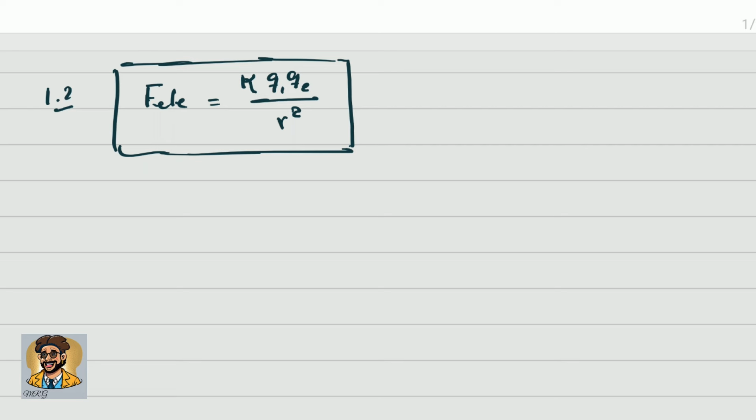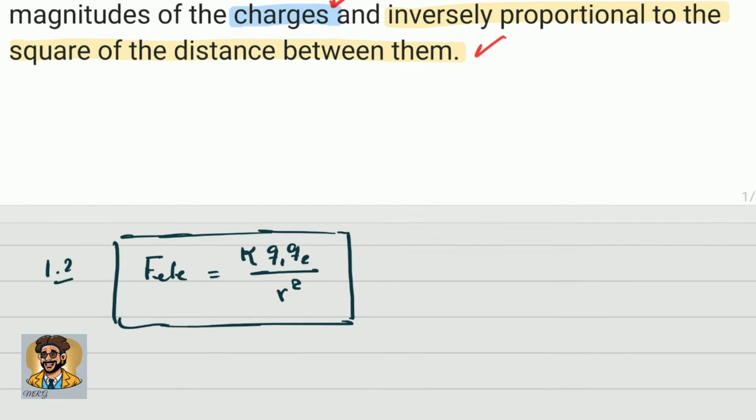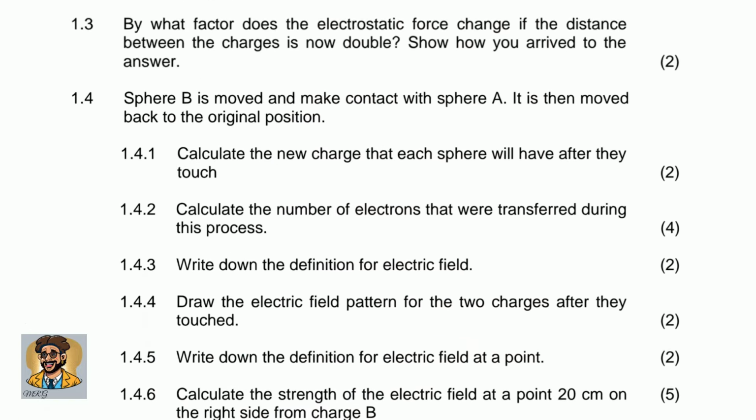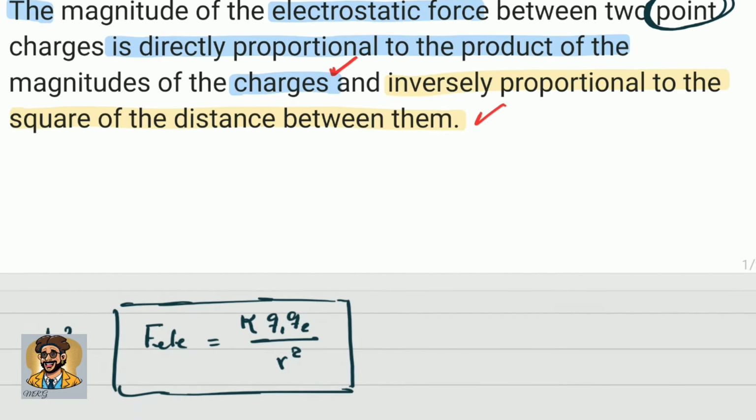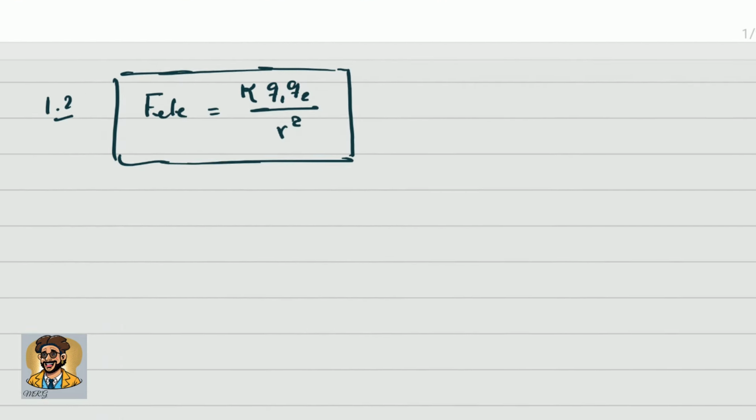Now we are going to substitute. I like to substitute within the same formula, in the same way you take it from the formulas they give you in the exams. Now we have A and B, and I'm going to substitute what I have real fast here. Note that K is a constant and is 9 times 10 to the 9.